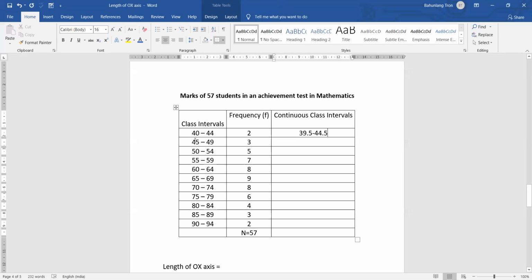Now if you subtract 0.5 from here, you will get 44.5. Then this will go on to 49.5, because we add 0.5 to the upper score. So this will go on.